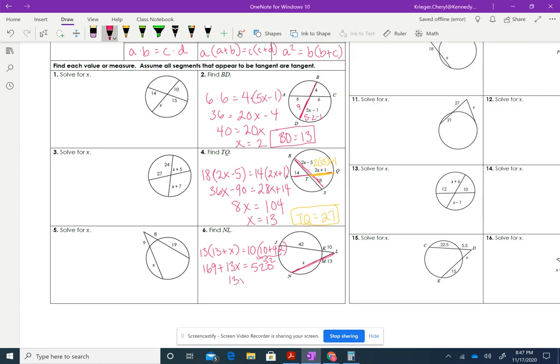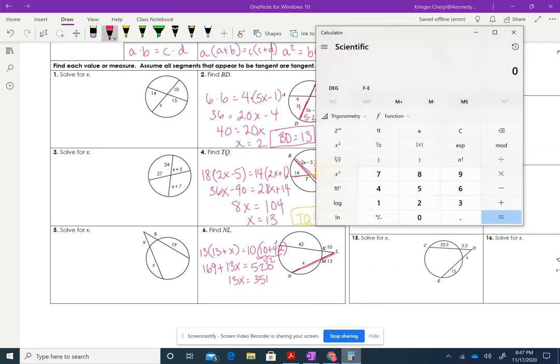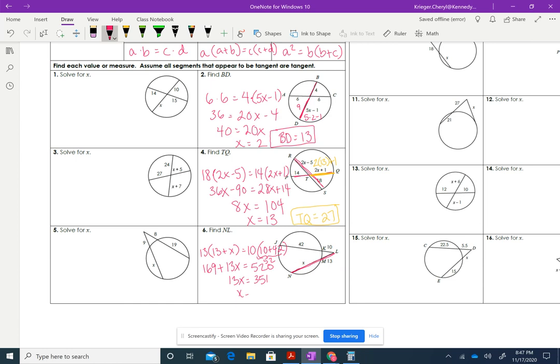So 13x equals 351, and divide by 13. x equals 27. Okay, so if x is 27, and that is the portion inside the circle, I'm trying to find the whole portion. I'll add 27 plus 13, and NL is 40.